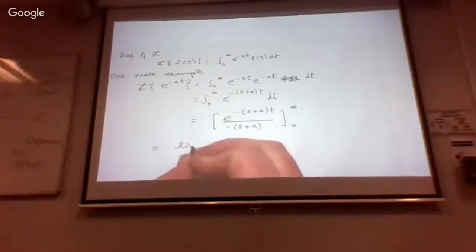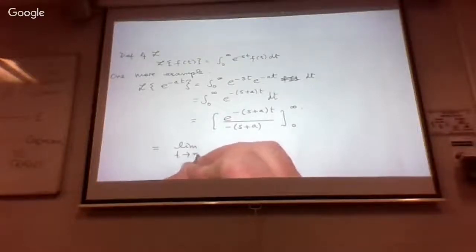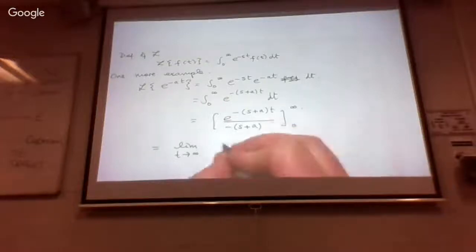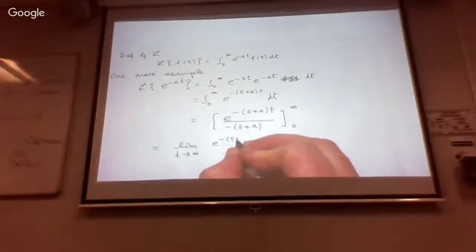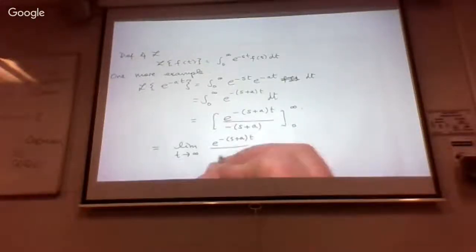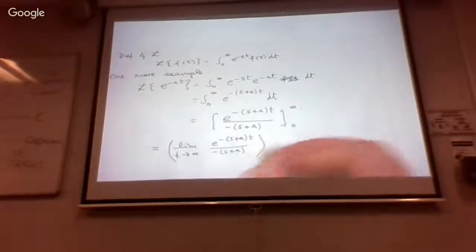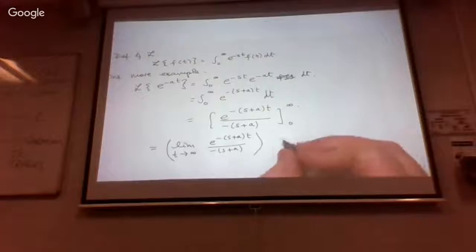Well, this is the limit as t goes to infinity of e to the minus s plus a t divided by minus s plus a. It's that limit that's evaluating at the top limit.